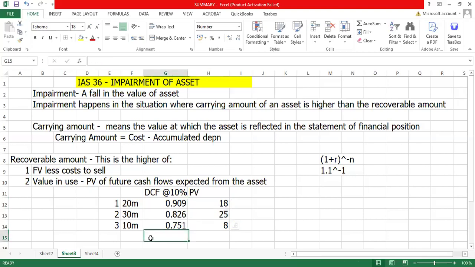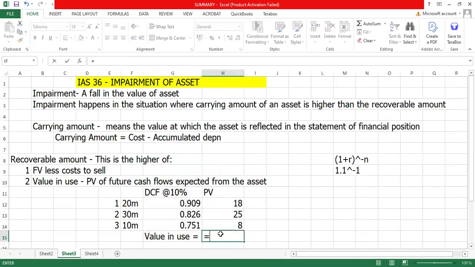So the total present value will be the value in use. What will be your total present value? You add them up.